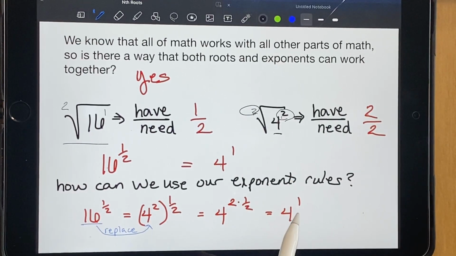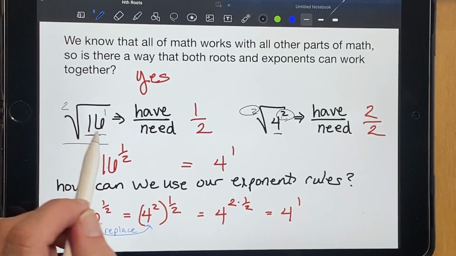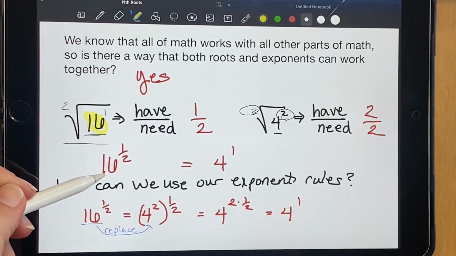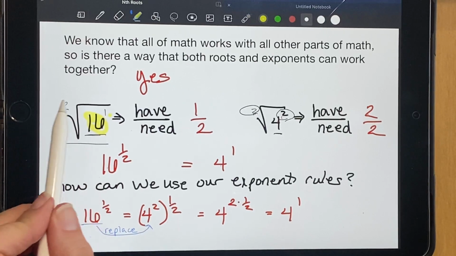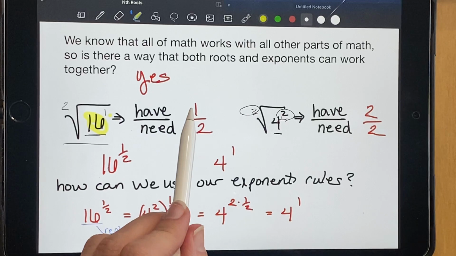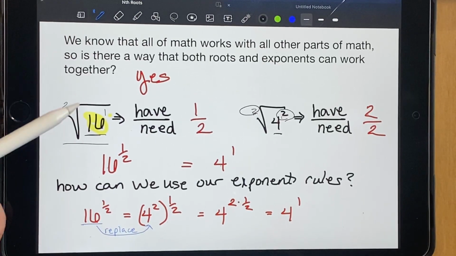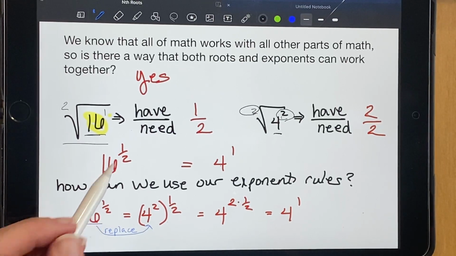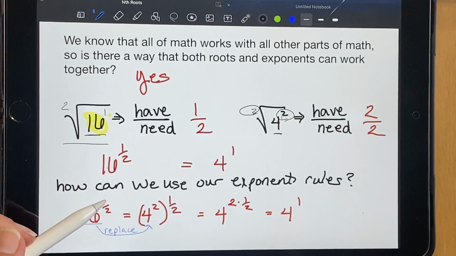and so my answer ends up being 4. So if we take only our base here, so we're going to look just at our base, and I pull my base down, and I rewrite my numbers that I know for my radical as my fraction, I can rewrite the entire radical as a base with a fractional exponent here.